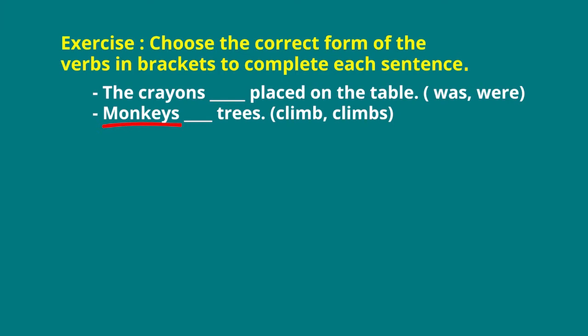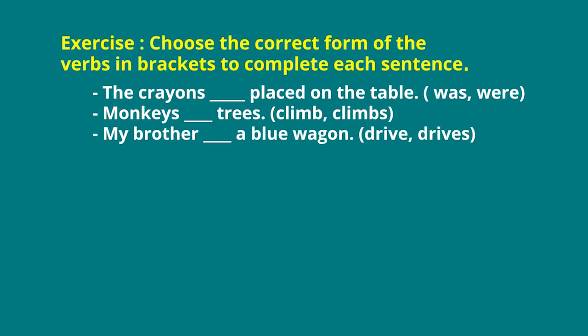What would you choose, boys and girls? Will you use the verb climb or climbs? Definitely, we would use climb, that is the one without the S, since climb is the plural verb form. So our sentence would read, monkeys climb trees.